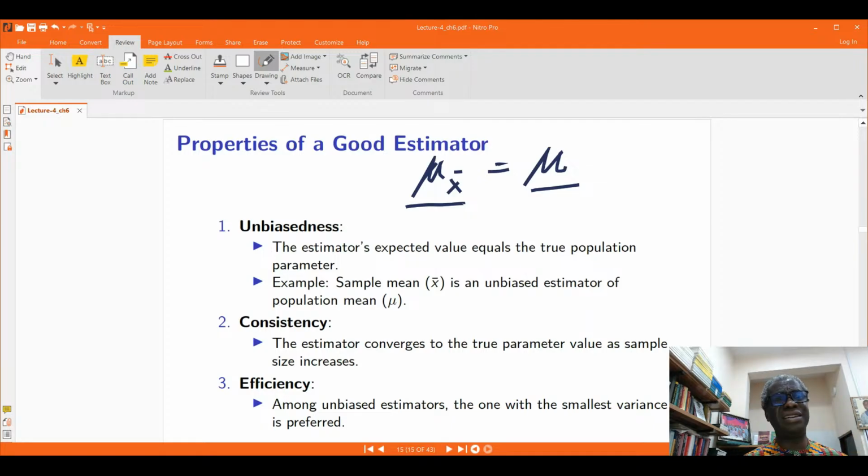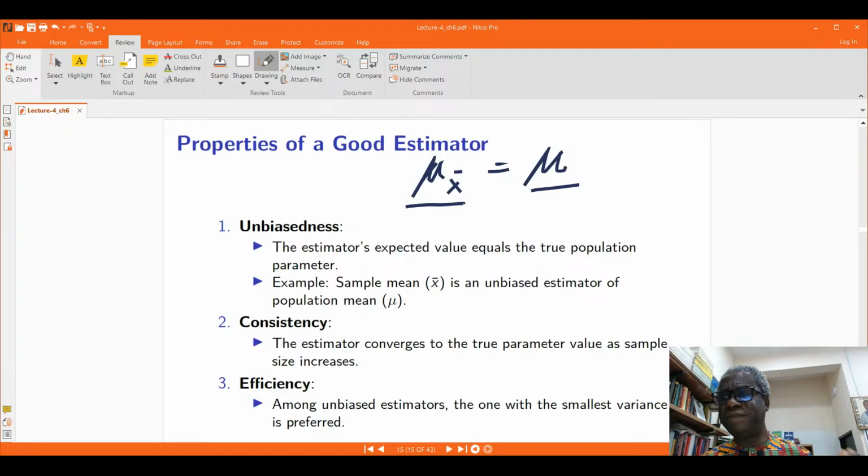So these are the three major properties. For an estimator to be a good estimator, these three properties must be satisfied.